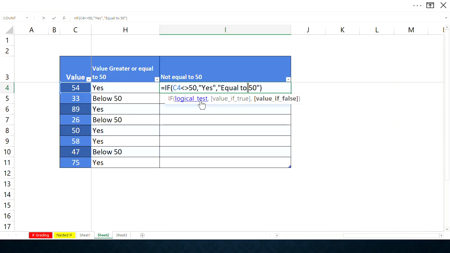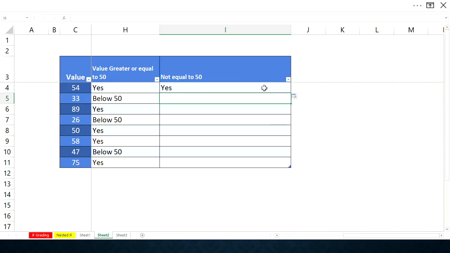Equal to 50. So the value that evaluates as true is not equal to 50, while the one that evaluates as false does not meet the condition, so we say it is equal to 50. So we do the needful, and then we see the result.